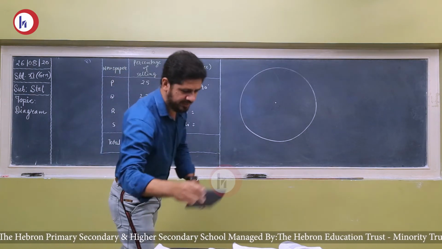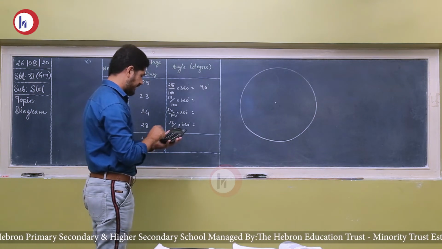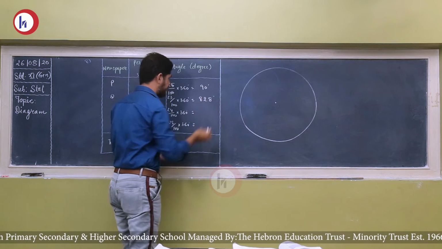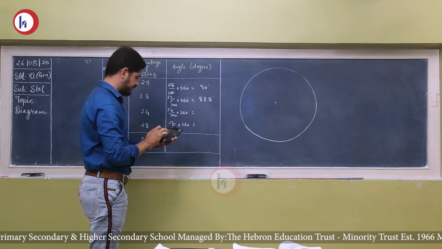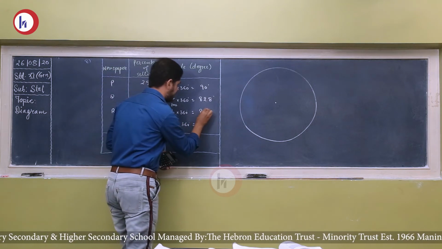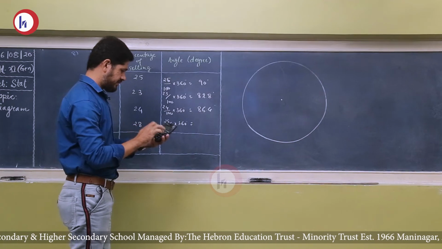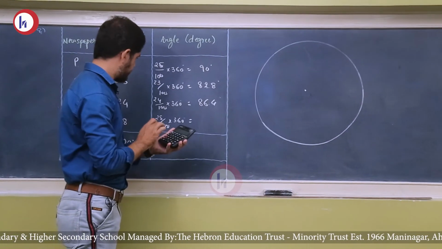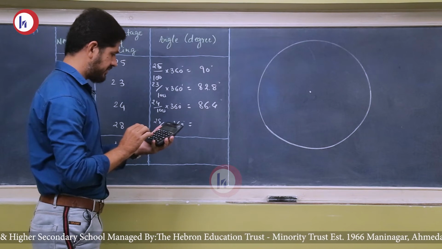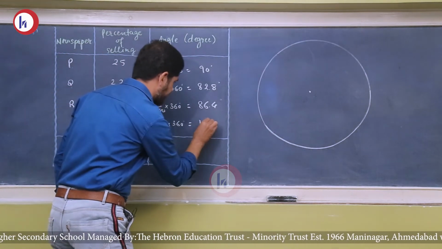So with the help of the calculator, we find the remaining degrees. So 82.8. Next one, 86.4, and finally 28 divided by 100, it is 100.8.